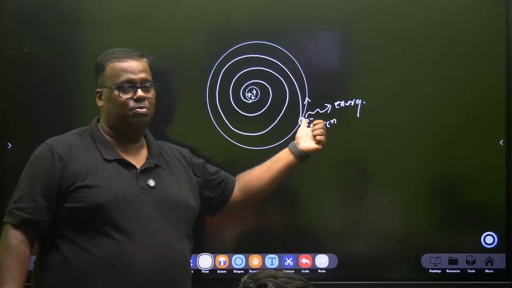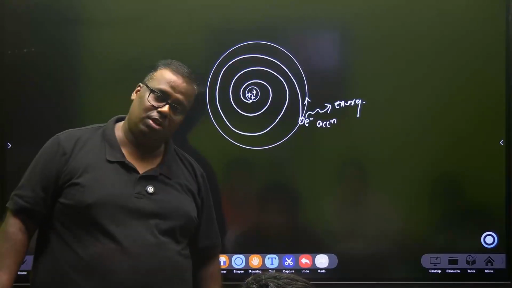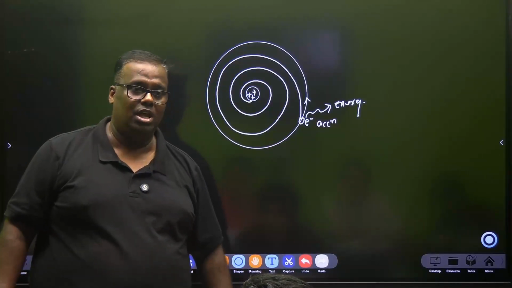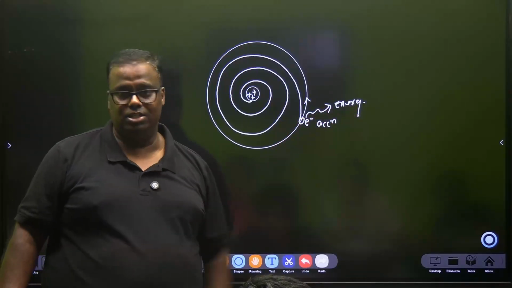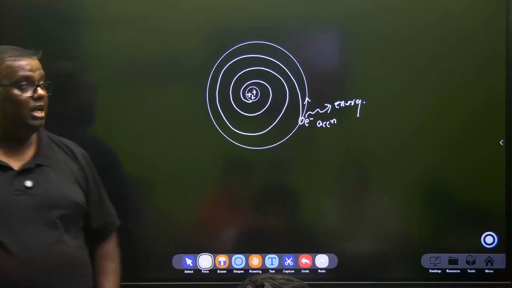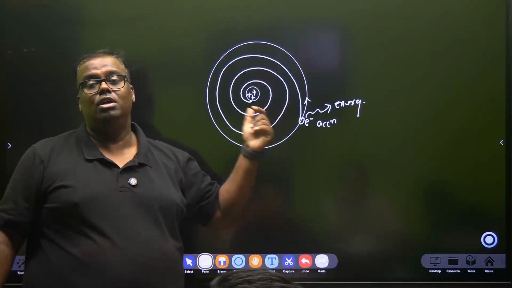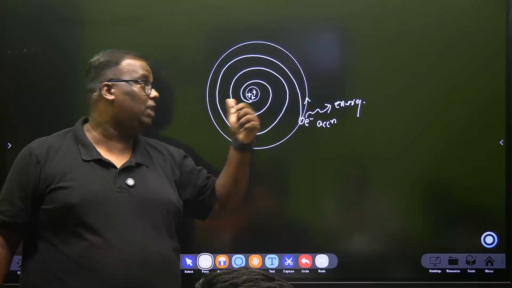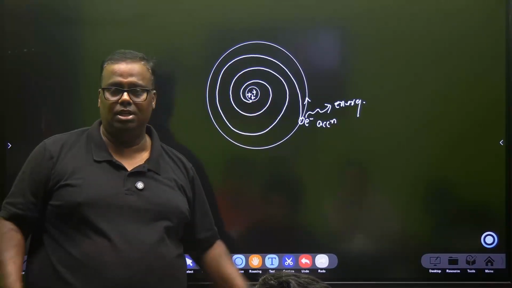Electron, being a charged particle, is also undergoing, as per Rutherford, circular motion, which is an accelerated motion. And a charged particle undergoing accelerated motion radiates energy. That means it loses energy. As such, it cannot maintain a circular path, but will follow a spiral path, and finally collapse at the center. The electron should come and collapse at the nucleus.